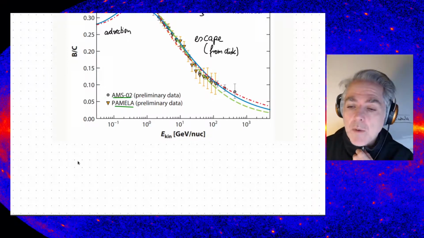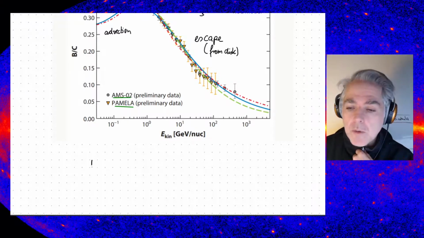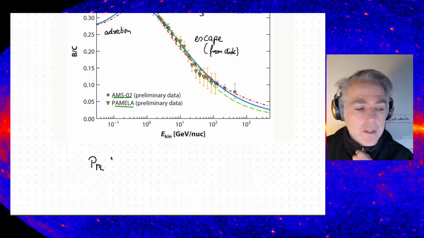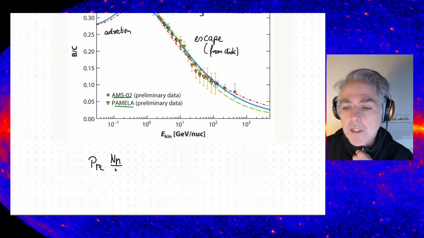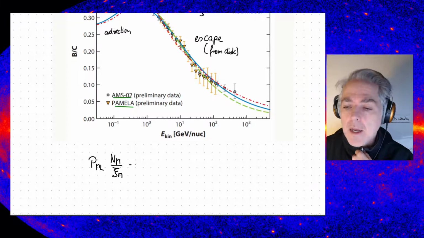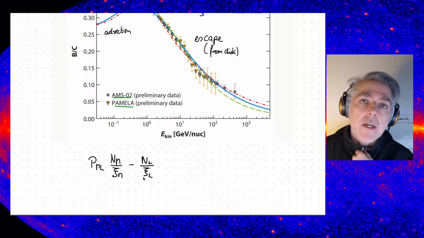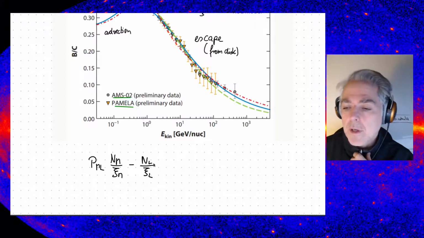So that would be our equation for the medium particles. We would have PML and NM over Xi m. This is the term that we had for the light particles, minus NL over Xi L. That would be the interaction losses, so spallation.